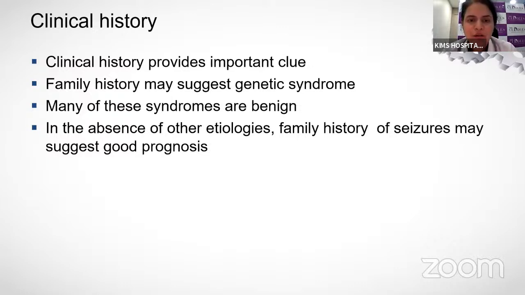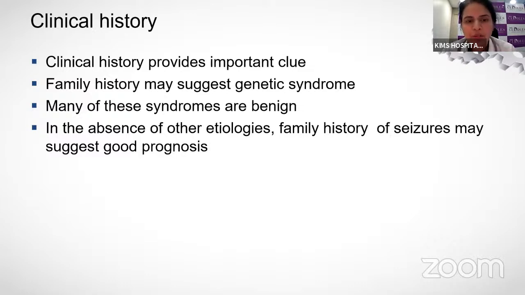The clinical history would provide important clues for the etiology and the subsequent management. This starts from the age of onset of seizures, the semiology of seizure, the type of seizure, whether it was subtle versus clonic versus tonic, and the frequency, the number of episodes.